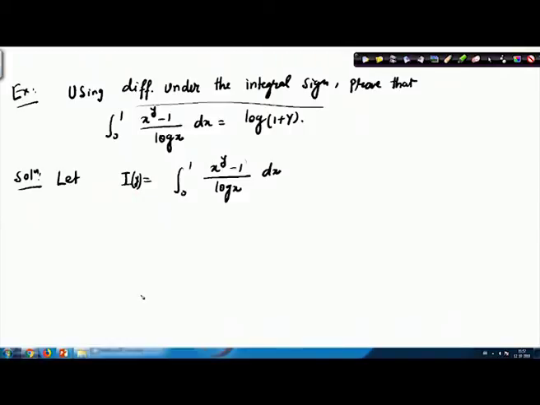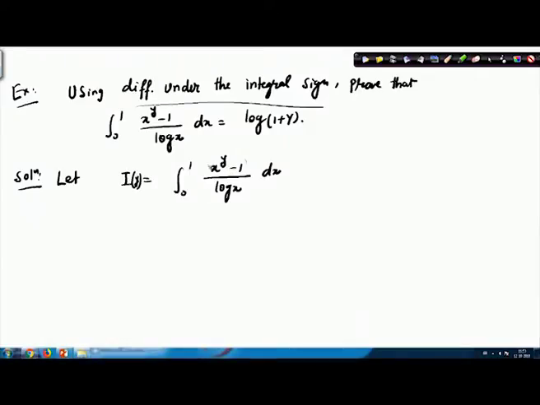Now what we will do? We will differentiate both sides with respect to y, because x to the power y is also a differentiable function, so we can differentiate it with respect to y.